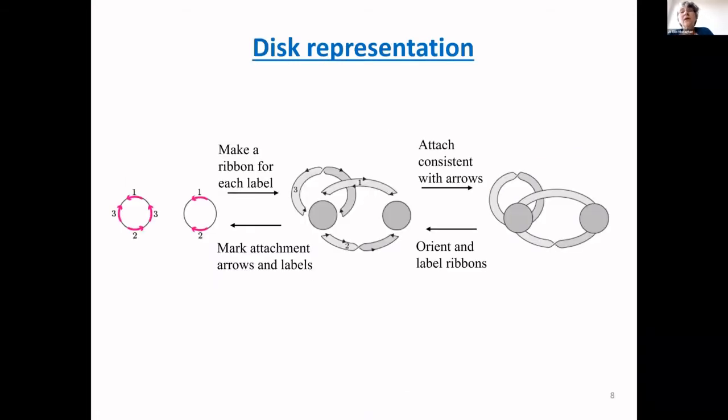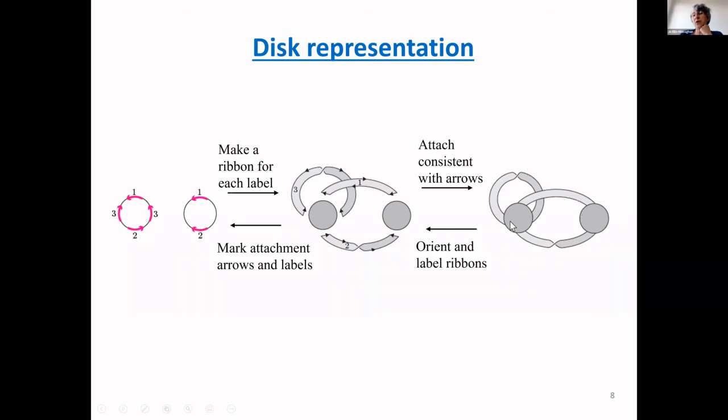All right, even the ribbon graphs get to be a pain to draw after a while. And you'll notice that if you label the edges, if you give the edges names, you don't really have to draw the ribbons. You just have to keep track of where they attach to the disks. So here's the ribbon graph.